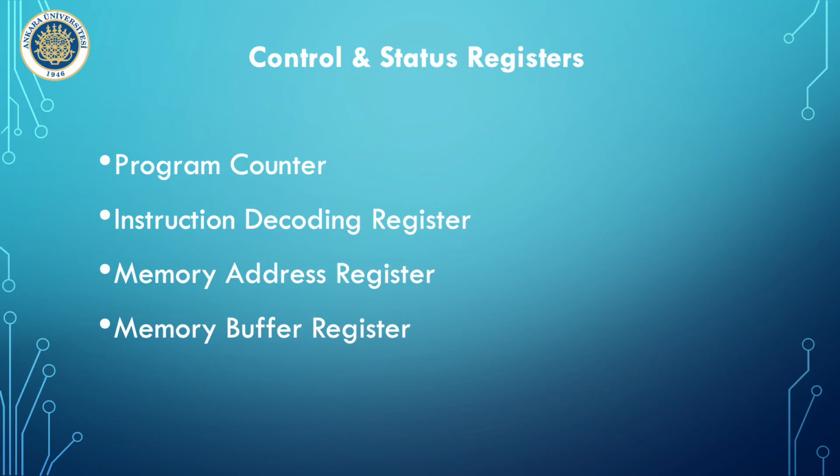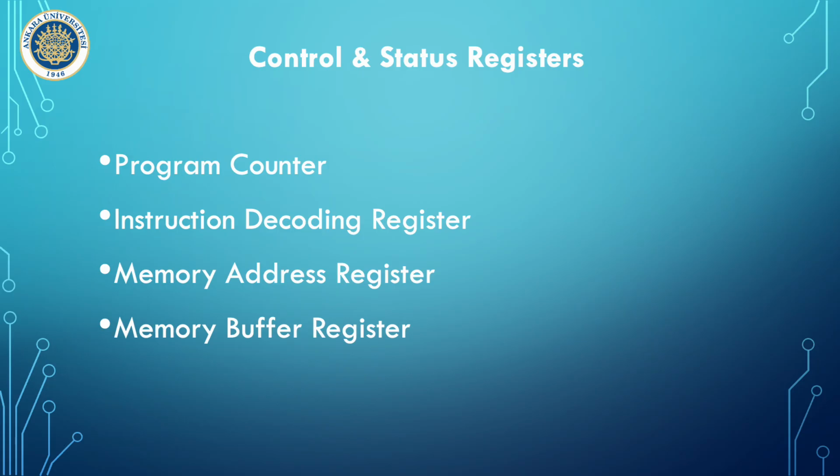The control and status registers are not usually manipulated directly by application programs, but they are essential for correct operation of the processor. The program counter holds the address, and the instruction register contains the instruction currently being executed.